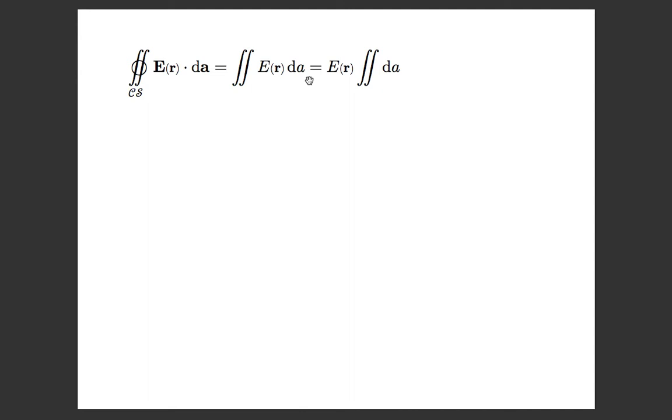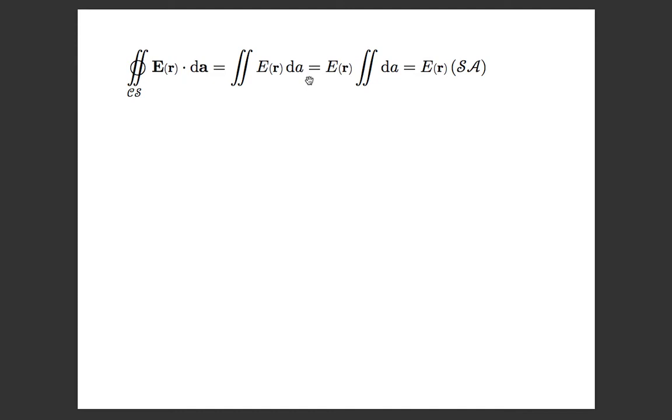So we need to know something about E to take it out of the integral. And the last thing we need to do is integrate over that surface area. If we could do all of this, then we would have E times some surface area equals Q enclosed over epsilon naught. We could then solve for E.